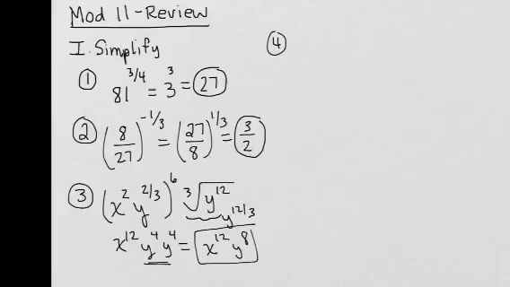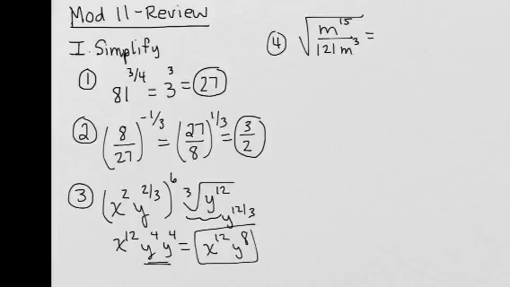If you have the square root of m to the 15th over 121 m to the third, let's say, and you're asked to simplify.